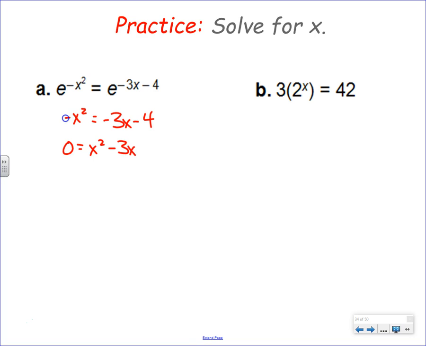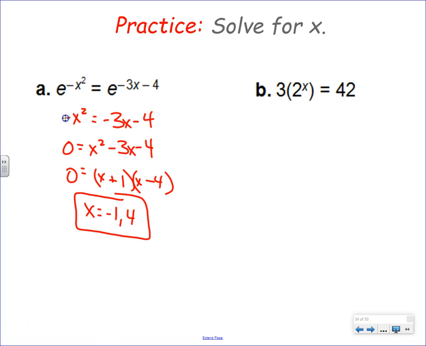Get everything to one side and factor. I know I did it fast, but it's factoring. You can write it, trust me, and you can take time when you need to in homework. Double check, -4 and 1 makes -3.